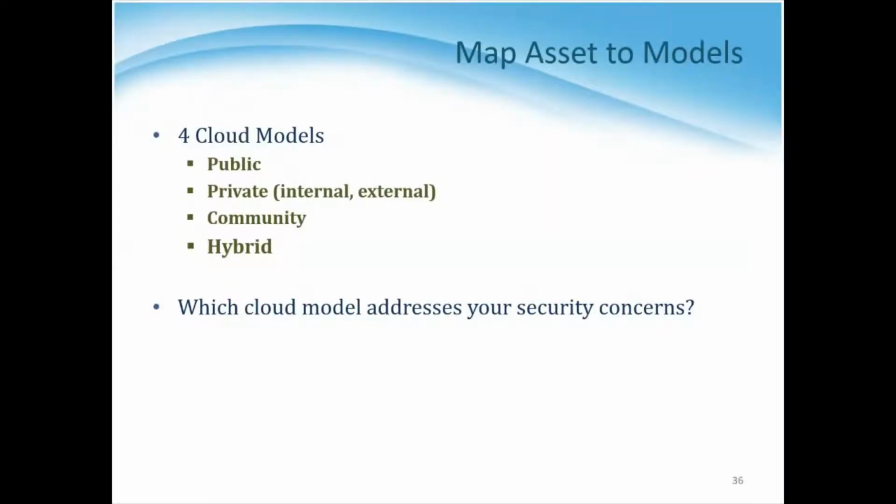Most companies are going for this second model. The public is used by government sectors. Community is based upon a particular group, like computer science. And hybrid is the combination of anything: public, private, and community.